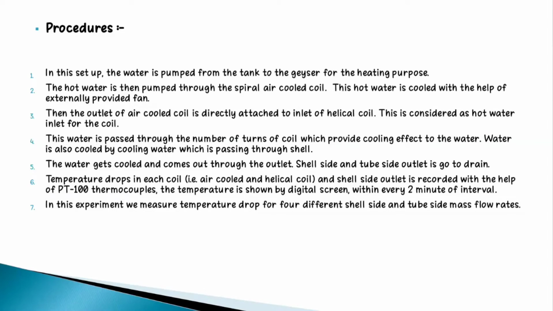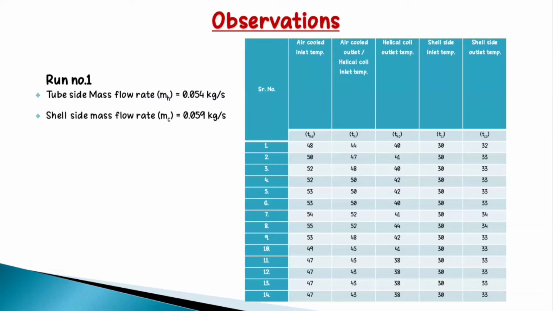Temperature drops in each coil and shell side outlet are recorded with the help of thermocouples. The temperature is shown by a digital screen at every 2 minute interval. In this experiment, we measure temperature drop for 4 different shell side and tube side mass flow rates. Observation: we took 2 runs.